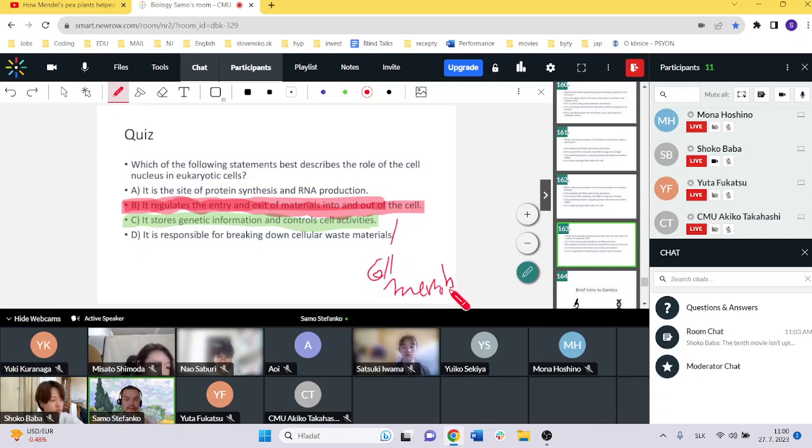Cell membrane. What about A? At least to protein synthesis. What do you think? Ribosome. Perfect. Ribosomes. And the last one?